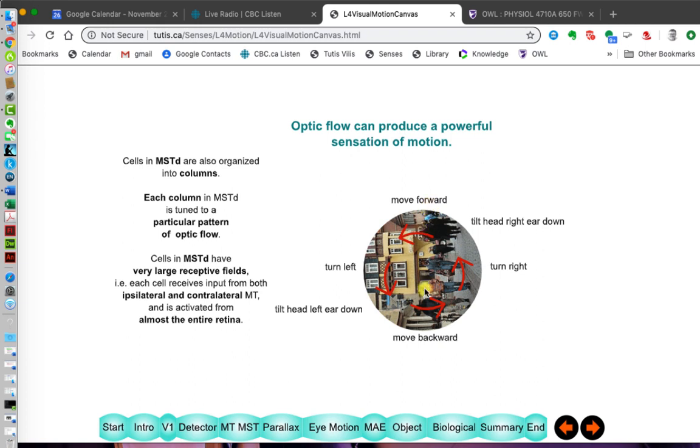So that's the left visual field and the right visual field. And so that's similar then to the fusiform face area, where it gets information from the right and the left visual field.